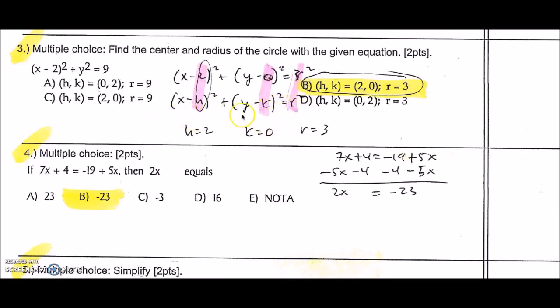So I always encourage you in class to go ahead and write the formula below it or above it so that you can see that the minus sign is not included, so the h value is a positive 2. K value is 0 and your radius is 3. So your center is located at (2, 0), and then your radius is 3, which is choice B.